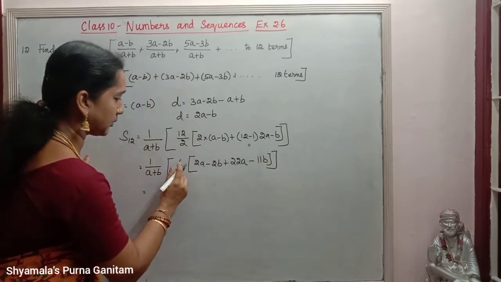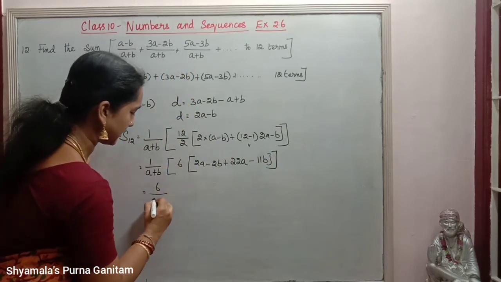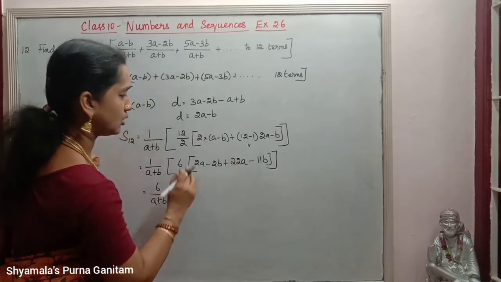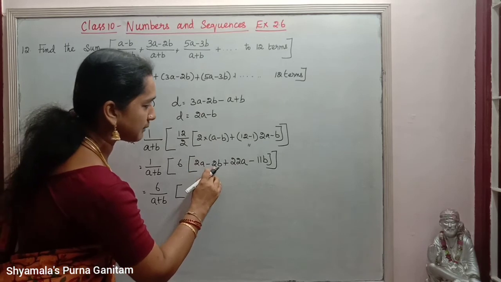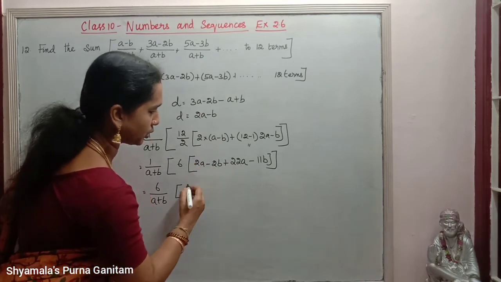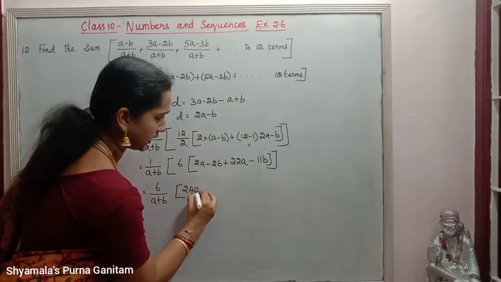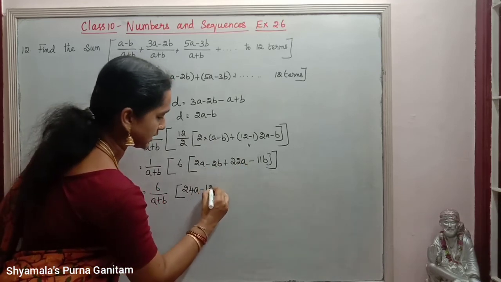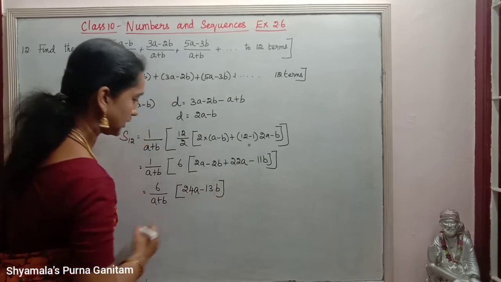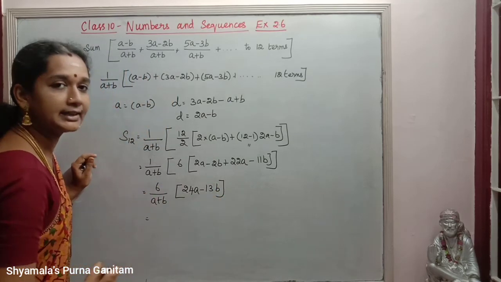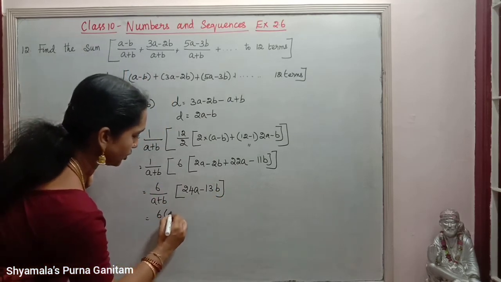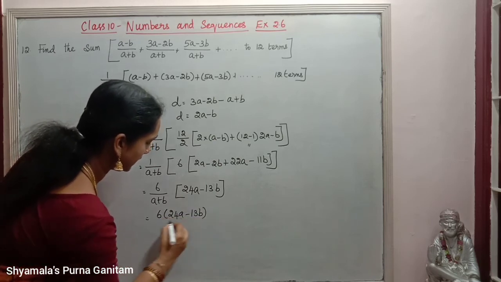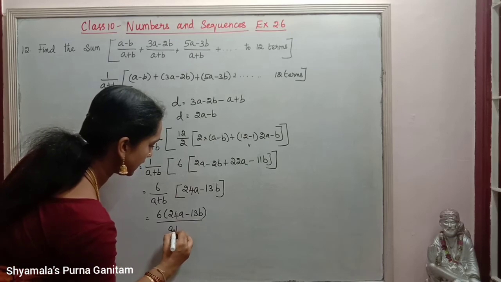Okay, so we take the 6 out, so 6 by a plus b, and we simplify this part alone. We will get 2a minus 2b plus 22a is 24a, minus 2b minus 11b is minus 13b. So we will get the answer as 6 into 24a minus 13b divided by a plus b.